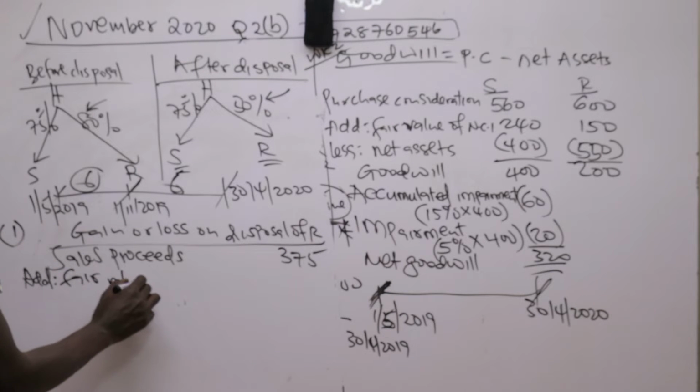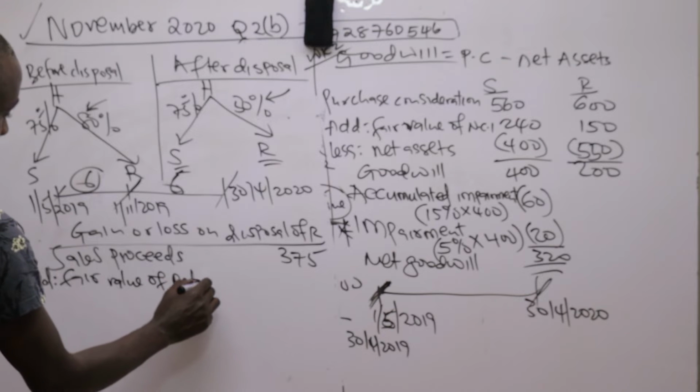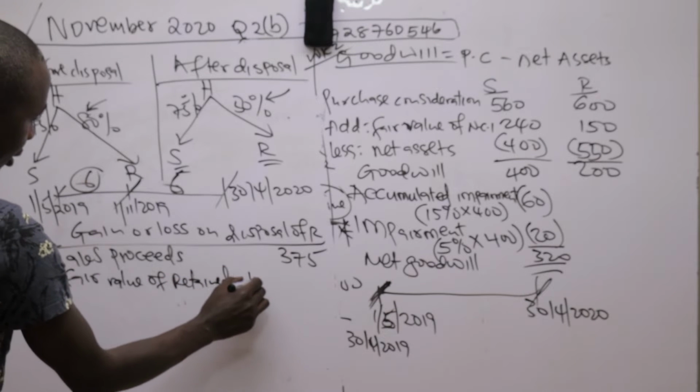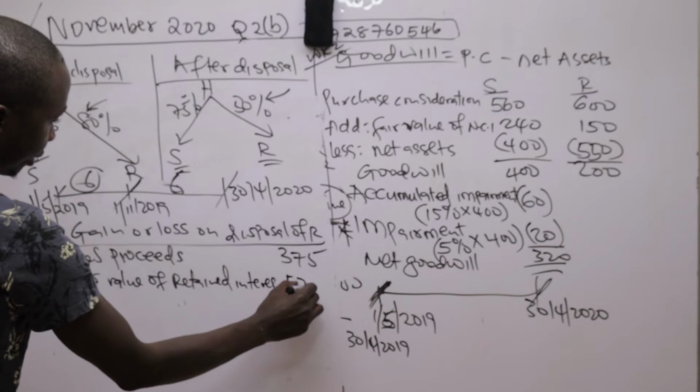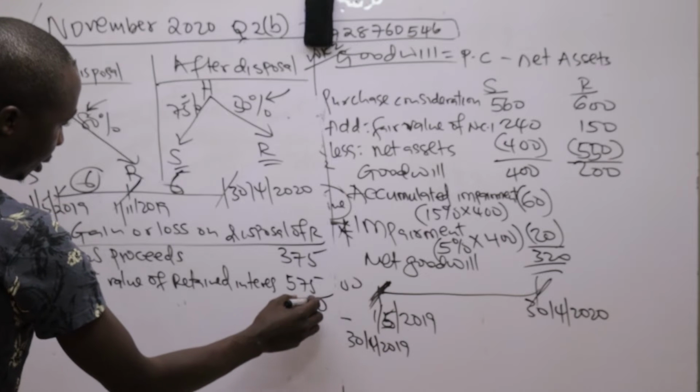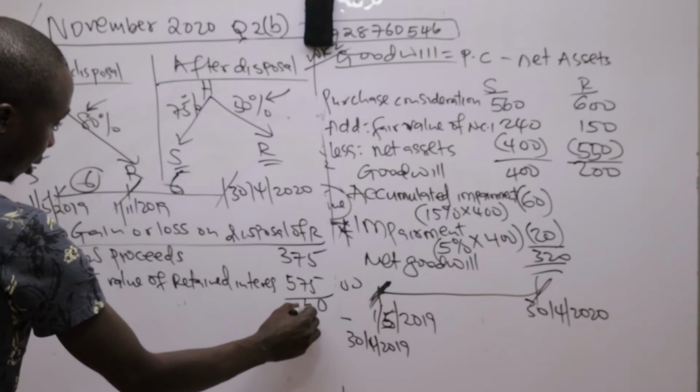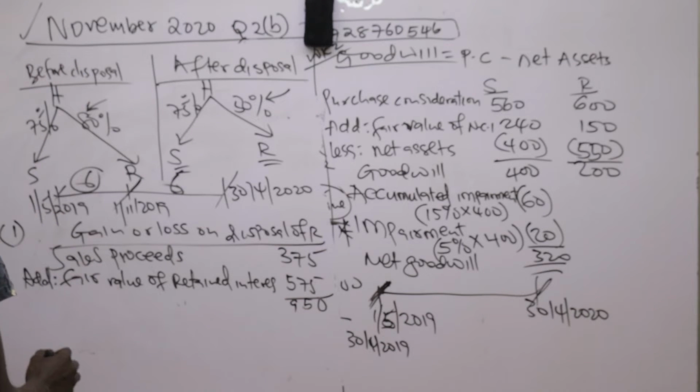The fair value of retained interest, which is 575. So this one gives me 950. Then next, what I will deduct from the 950 is the net assets disposed.